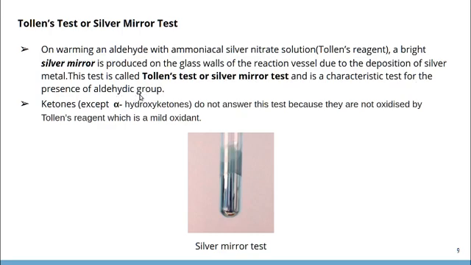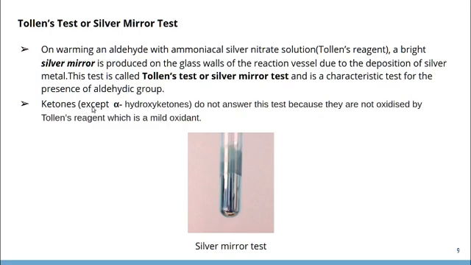That means when we warm an aldehyde with Tollens reagent, the aldehyde will undergo oxidation and we will get the corresponding carboxylic acid, whereas the Tollens reagent will undergo reduction to metallic silver and will deposit on the walls of the glass vessel, if the compound is an aldehyde.